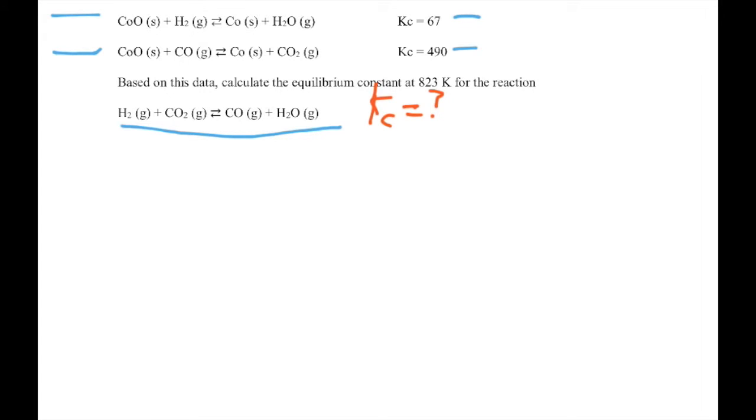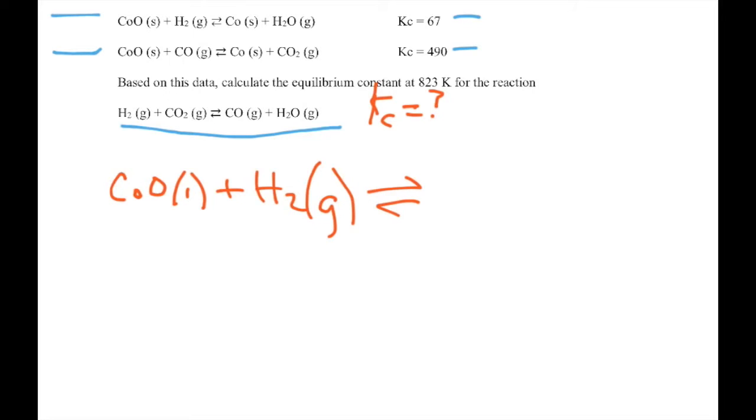Okay, so let's begin. Let's write our first reaction. We need to get H2 gas and CO2 gas both on the reactant side. So looking at our two component reactions, I see one reaction where the H2 is on the reactant side, so let's start with that. So I'll just be using my finger here instead of the pen.